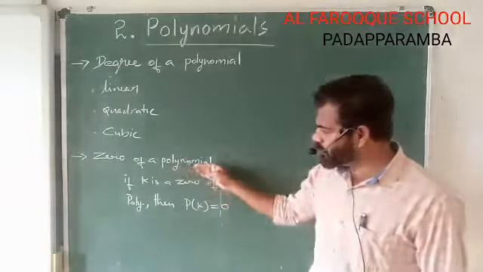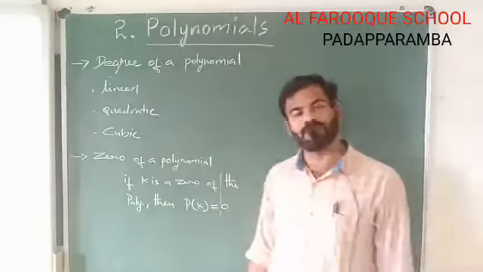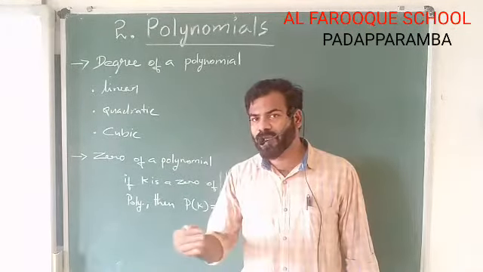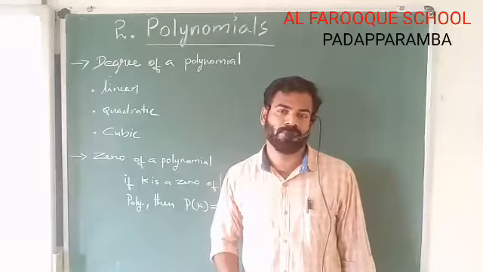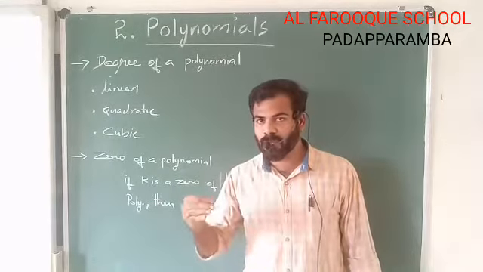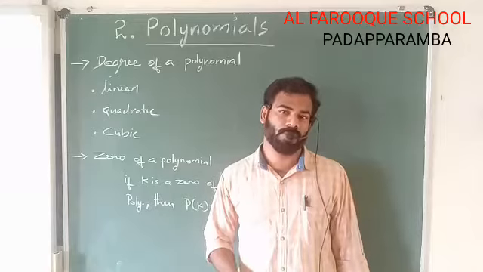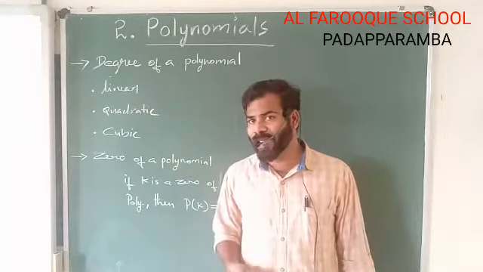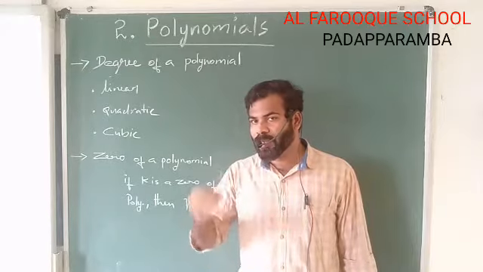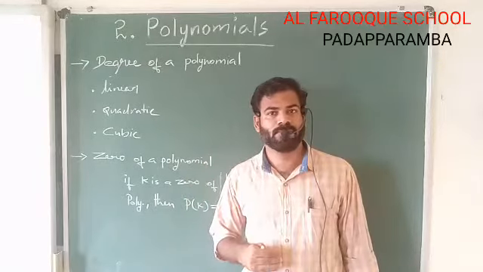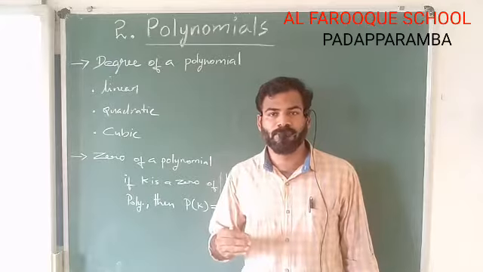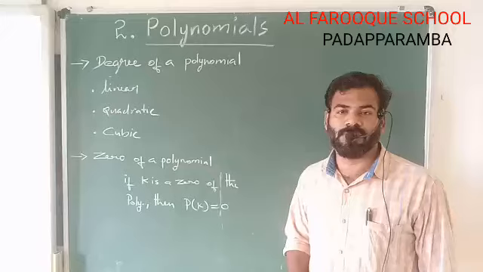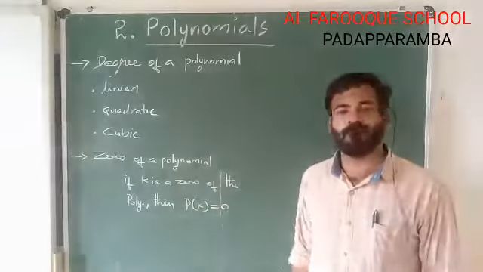Now, what is a zero of a polynomial? If we substitute values for a variable in a polynomial, the value for which the statement becomes true is known as the zero of the polynomial.